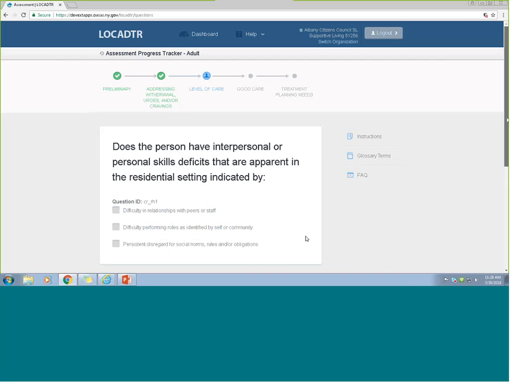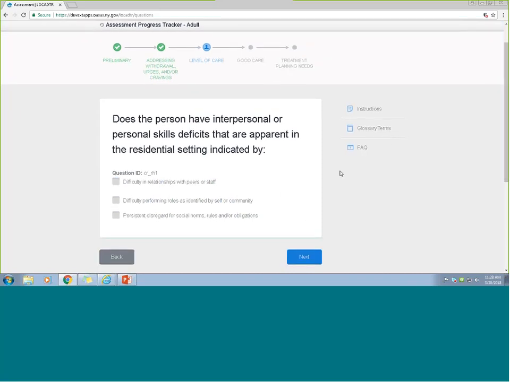Now we move on to the questions that are particular to the level of care the person is currently in. And we ask, does the person have interpersonal or personal skills deficits that are apparent in the residential setting, indicated by difficulty in relationships with peers or staff, difficulty performing roles as identified by self or community, or persistent disregard for social norms, rules, and/or obligations?